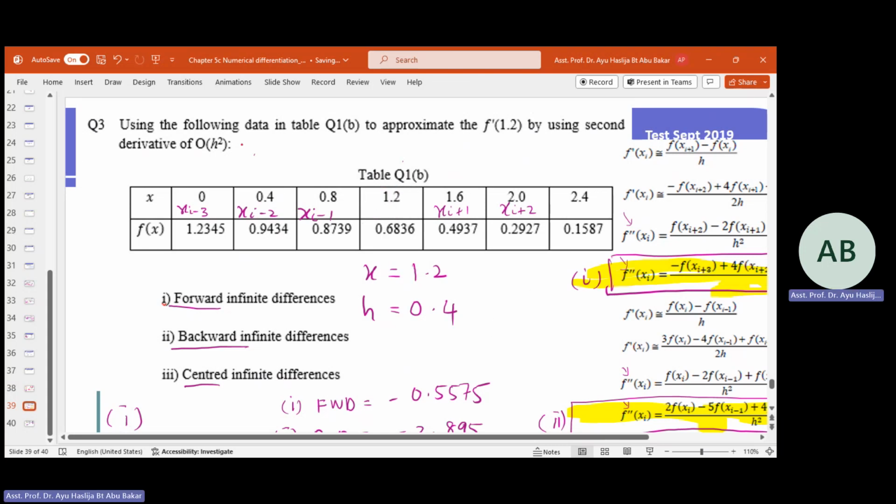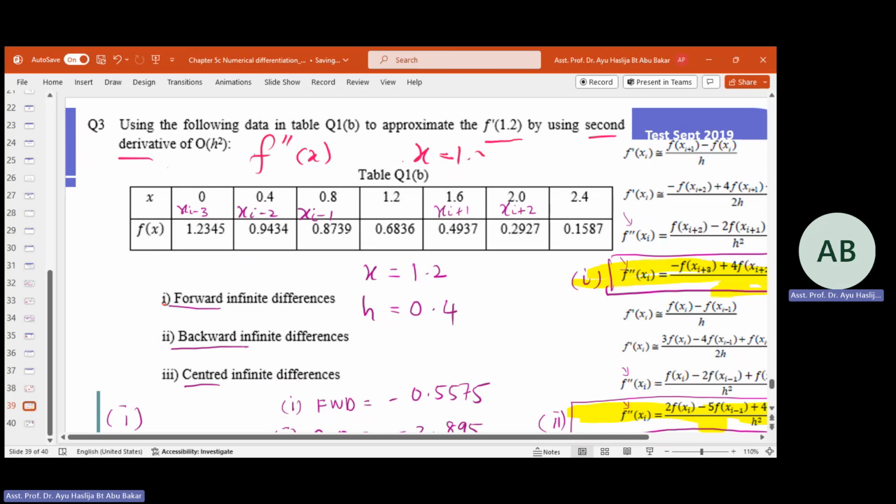Okay, here the question asks you to approximate the f prime at 1.2 using second derivative. So here it is f double prime x. What is your x over here? x is 1.2.